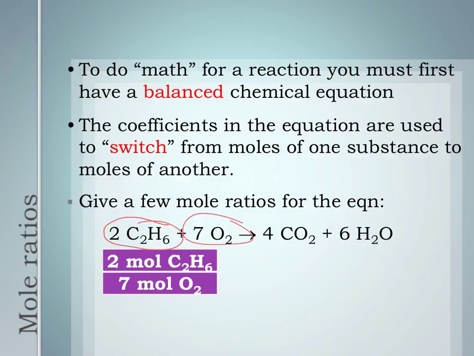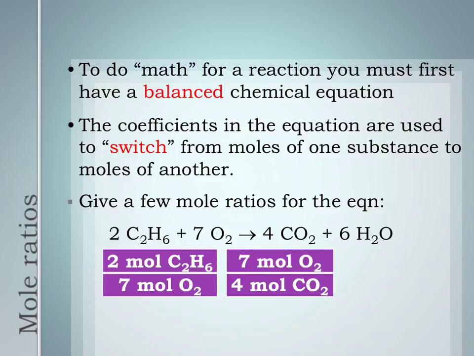Let's try another one. Here I'm comparing one of the reactants with one of the products. For every 7 mole of O2 that are used, 4 mole of CO2 should be produced. So when we ask for a mole ratio, you basically can look at any two substances in the equation and list them one over the other using the coefficient and the unit of mole with the chemical formula.